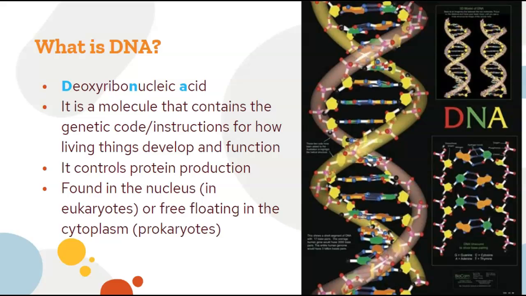So when we say DNA is the blueprints for life, really DNA is the blueprints for proteins, because proteins do all of the things, okay? And the DNA, as I mentioned, is located in the nucleus in eukaryotic cells, or it is free floating in the cytoplasm in prokaryotic cells.